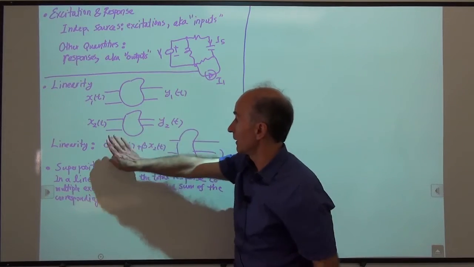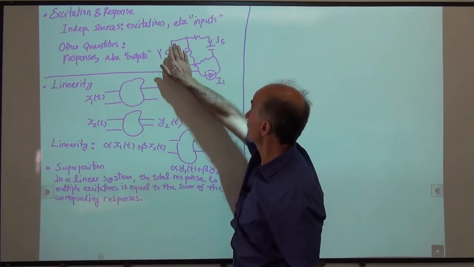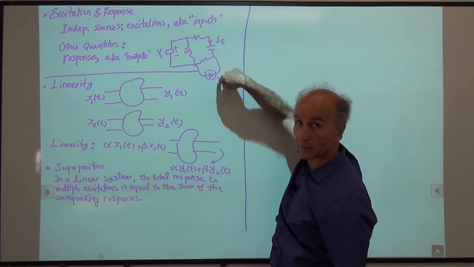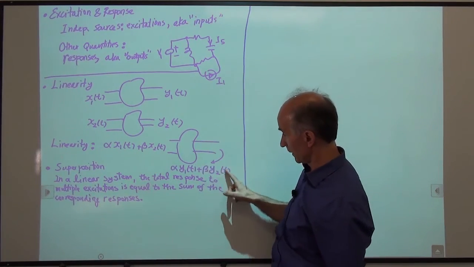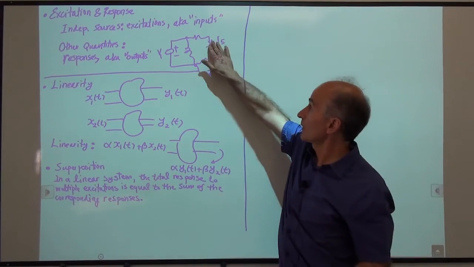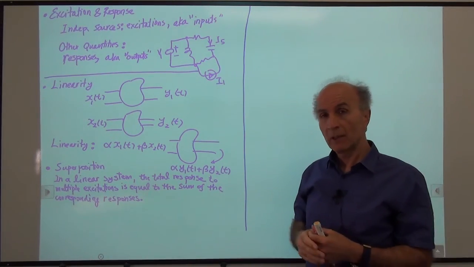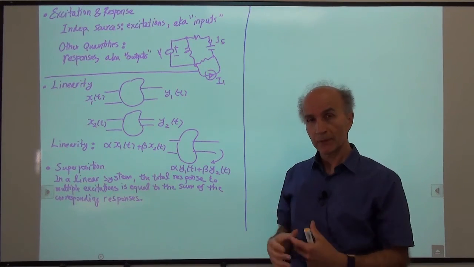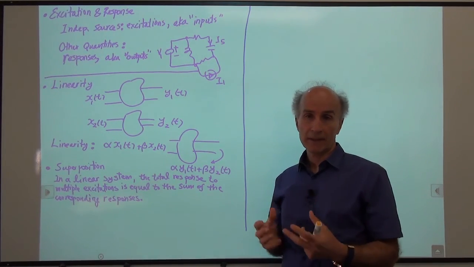Then I set the other input to 0, so I set this one to 0 and I keep this one, and I find the response resulting from this guy. I find this response from this guy. And then I add up the results. That will be total response, for example, for that current flowing through the capacitor. So we'll go through some examples to hammer this in, but that's the basic idea.